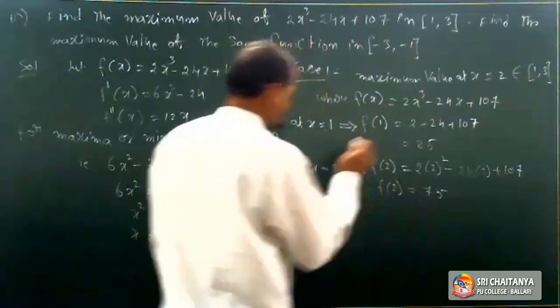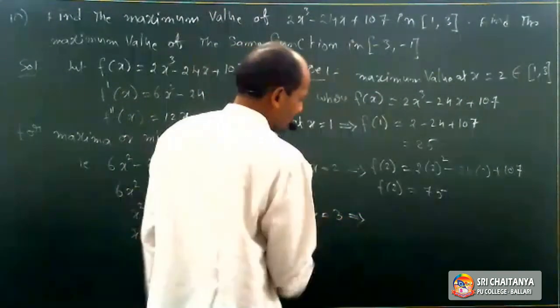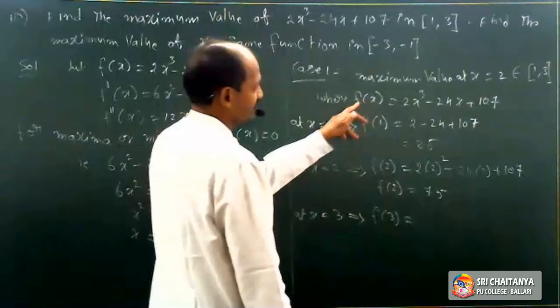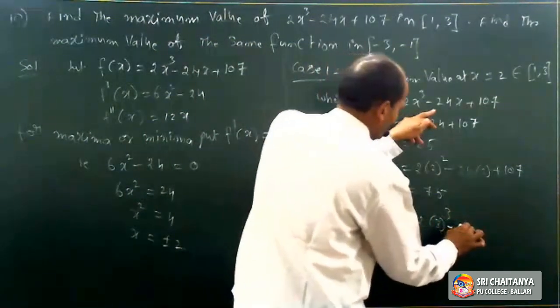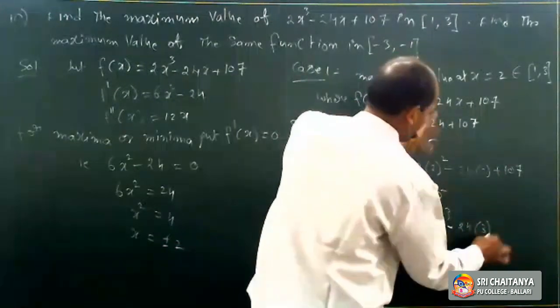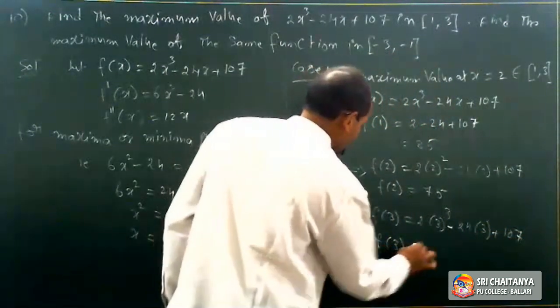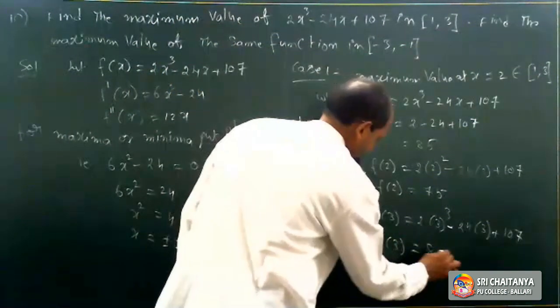Next at x = 3, f(3) is 2 into 3^3 - 24 into 3 + 107. Then we get f(3) is 89.